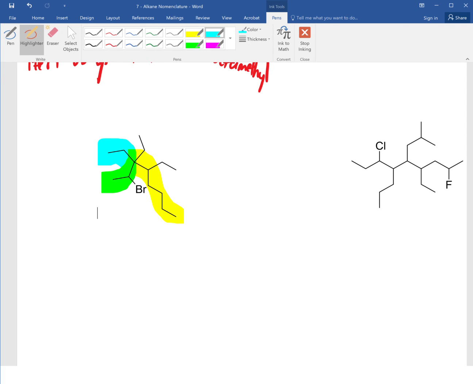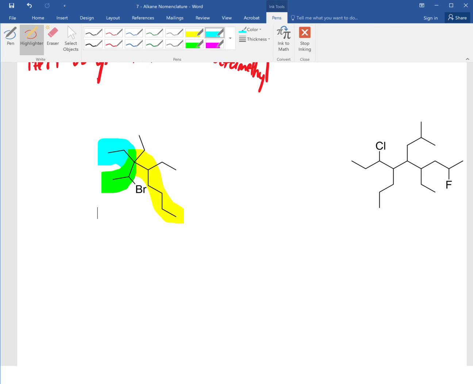So how do we pick? Well, up until that point where the two chains diverge, the chains are the same. But when we get past that point, what happens is that those 2 carbons on the blue chain don't have any extra substituents, while going where I've highlighted in green has an extra substituent.